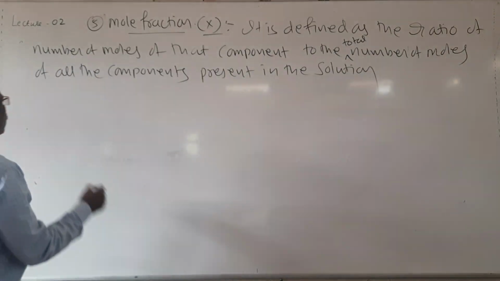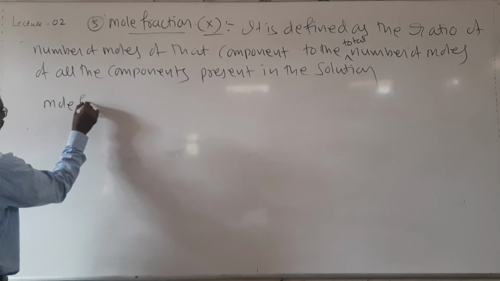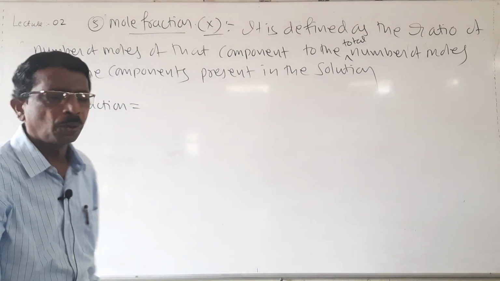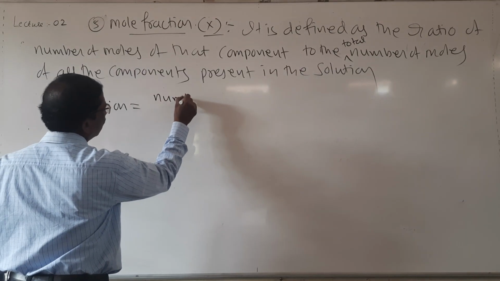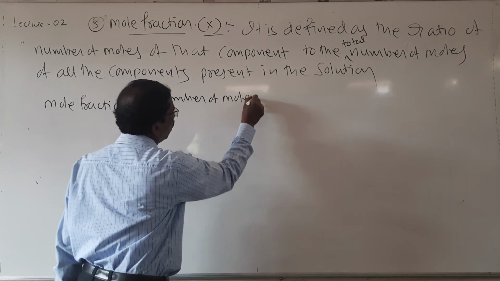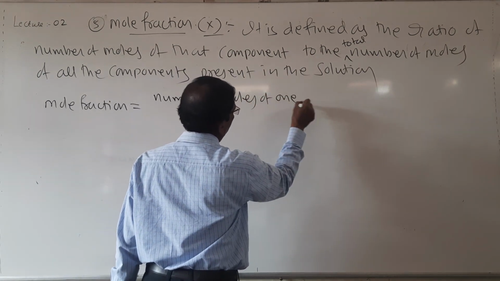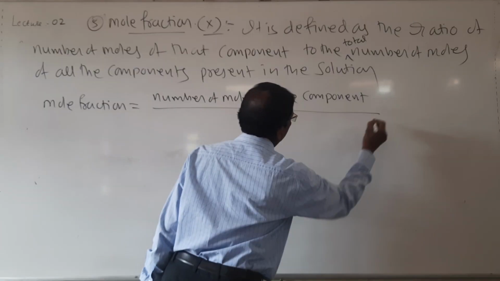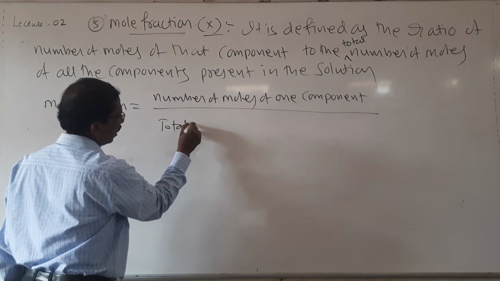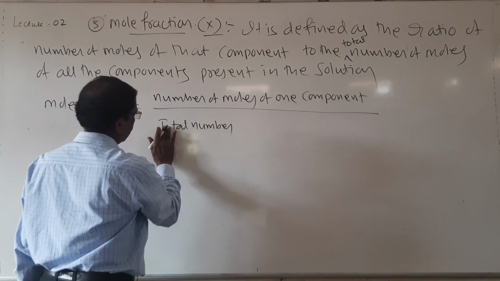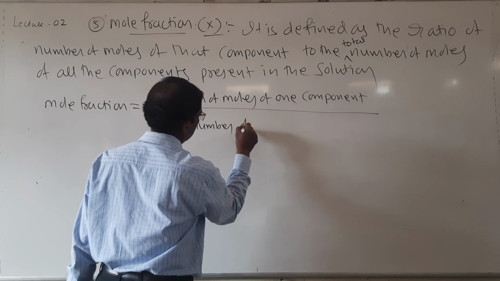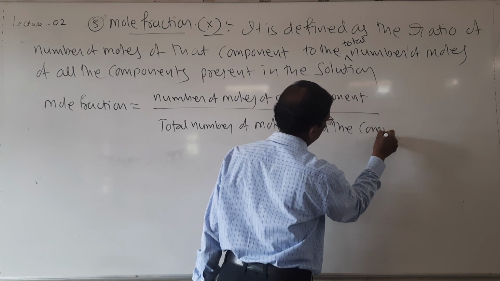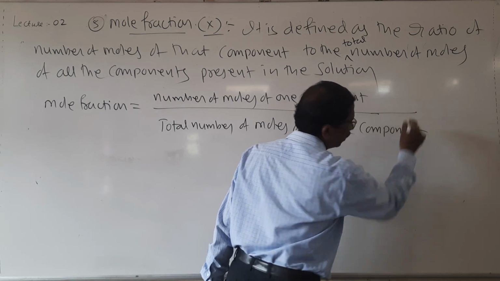And here it may be also expressed like this: mole fraction is equal to number of moles of one component, or you may write solute, divided by total number of moles of all the components.